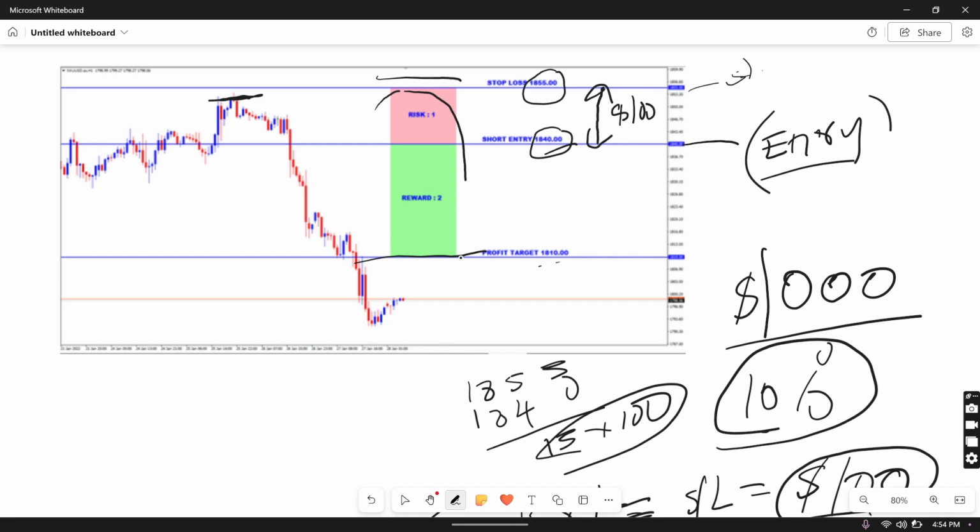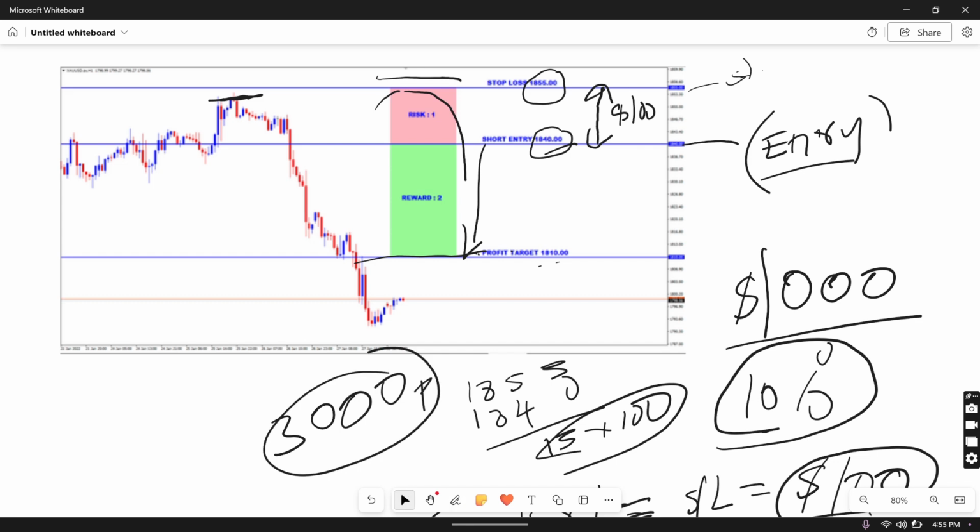So when this market reverses and goes all the way here, then you can see the distance is actually like 2. If you actually get from 1840 to 1810, how much is that? That is 3,000 points. And you can see our stop loss was 1,500, but our TP is how many points? 3,000 points.